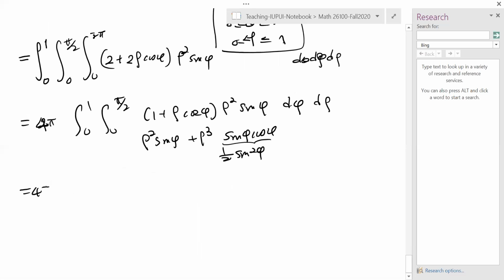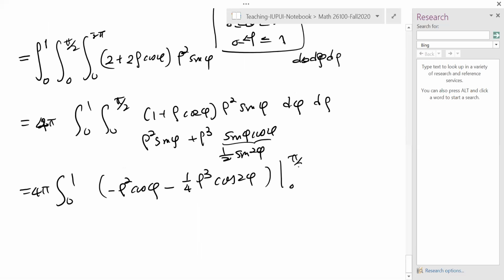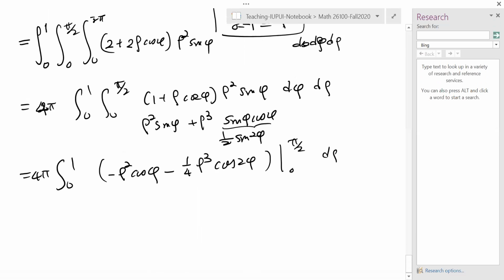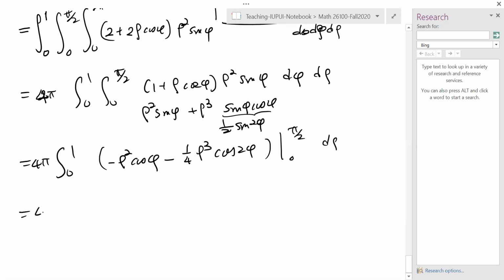So the antiderivative of the above will be negative rho squared cosine phi, and also a negative sign divided by 2, so divided by 4. Okay, so this is the antiderivative, and let's try to complete it.